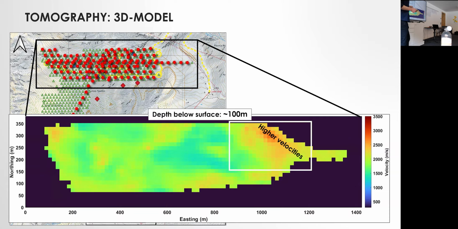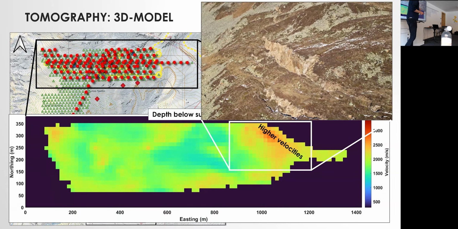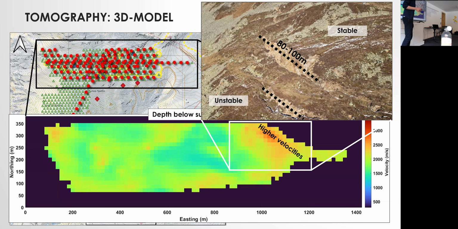And if we look at an aerial picture of this area, we observe this, which is dominated by these two large crack features of approximately 80 to 100 meters long and 10 to 20 meters wide, which separate a more stable area in the northeast from unstable grounds in the southwest.